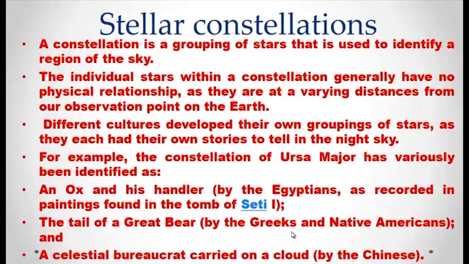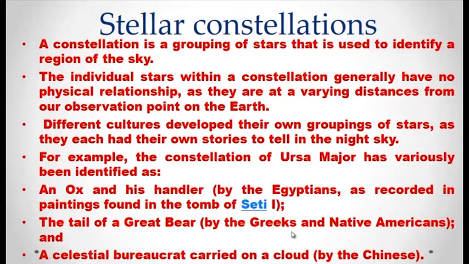Coming to the next interesting topic about stars, the constellation, which is a group of stars. These groups are used to identify a region of the sky. Individual stars within a constellation generally have no physical relationship, as they are at varying distances from our observation point on the earth.